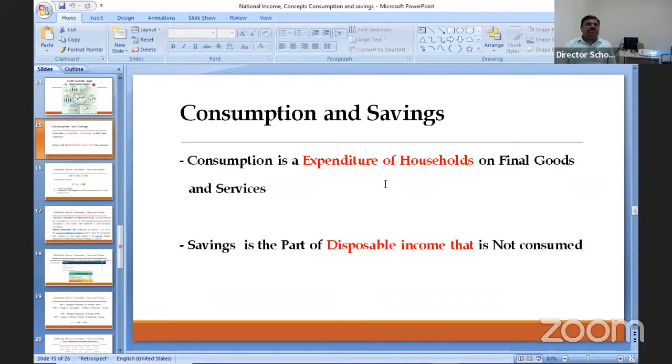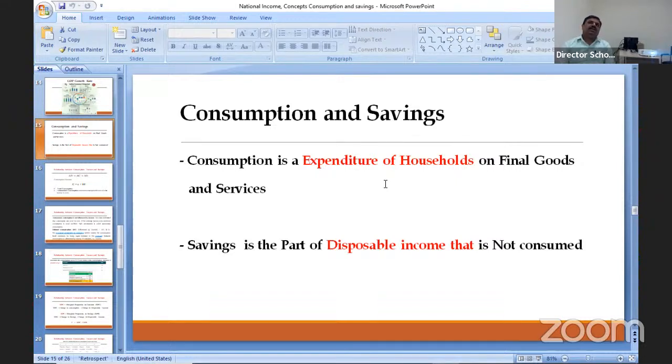And then onwards we will discuss savings. What is meant by savings? It starts from disposable income, which means a person has total income, and from that the person has to pay different kinds of taxes to the government, as well as the person may have some deductions from the personal income.